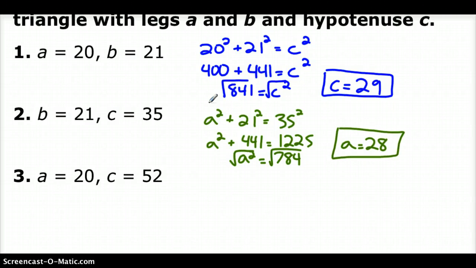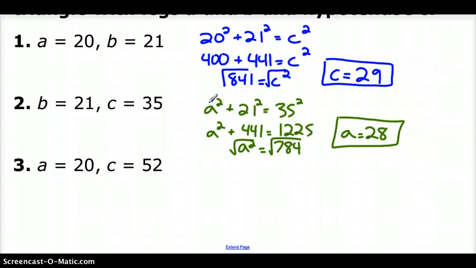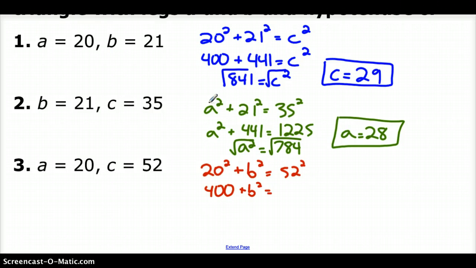We'll look at one more last one here. In this particular example, our A is 20 and our C is 52, and we need to figure out what B is. So I'll say that 20 squared plus B squared equals 52 squared. Again, 20 squared is just 400. 52 squared, I'm definitely going to have to plug into a calculator.